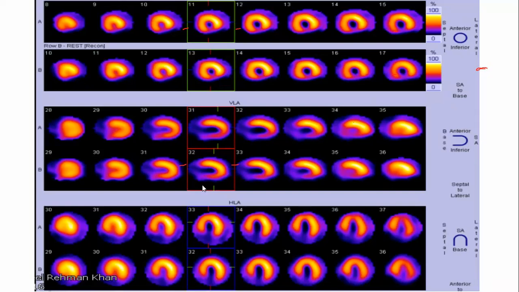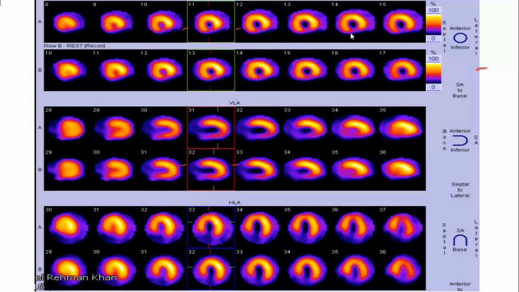So inferior, you can confirm the defect. Any defect in the septum, lateral? No. Any defect at the apex? No. So how many segments are involved now? Apical inferior, 1 segment. Mid inferior, 2 segments. Basal inferior, 3 segments. So 3 segments means it's a moderate size.